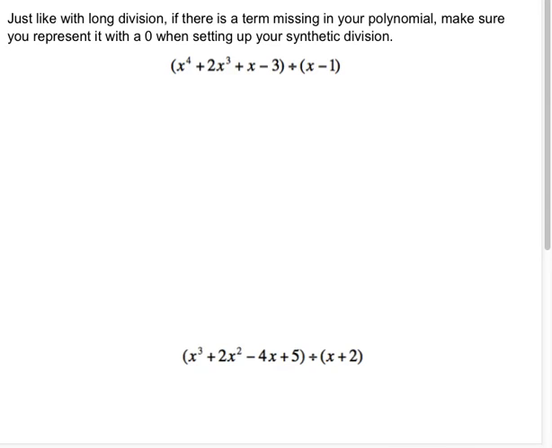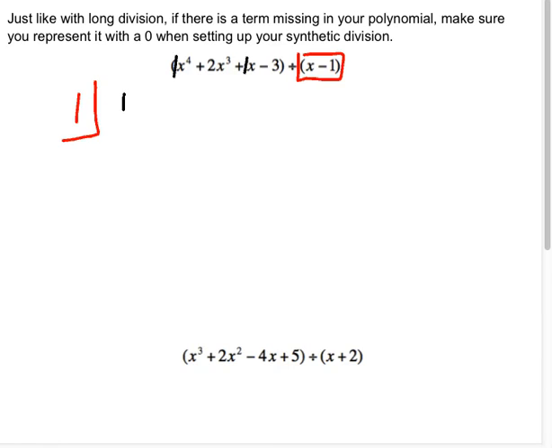Now, just like with long division, if you have a term missing, you're going to fill it with a 0, all right? So take a look here. My magic number this time is going to be 1. It's the opposite of what you see. And now I start lining up those coefficients.